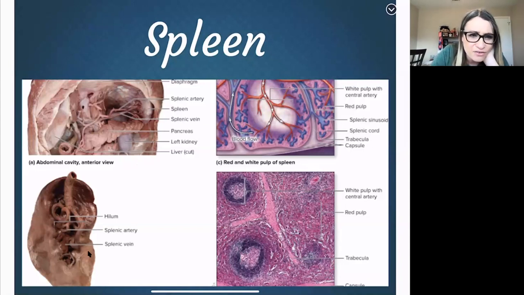And if you look very closely at this, I'm going to try to show you where it is. Right there. That little tiny circle that you see there, that would be the central artery.